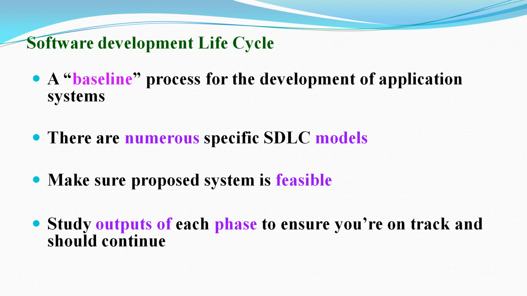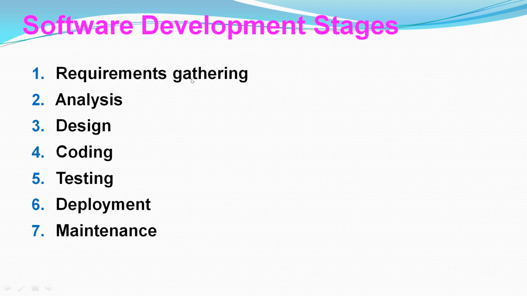In the software development life cycle, we have to study the output of each phase. For what purpose? To make sure that we are on the track and whether we have to continue and go forward or not. At the requirements gathering phase, we will have some output. In the analysis phase, design phase, coding phase, testing phase, deployment and maintenance, we will have some output.